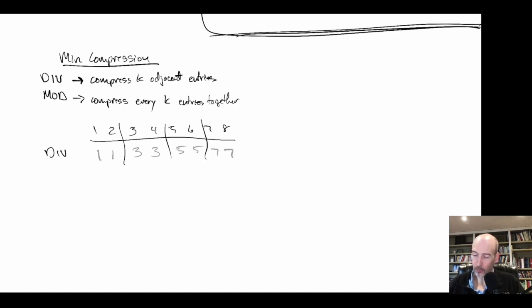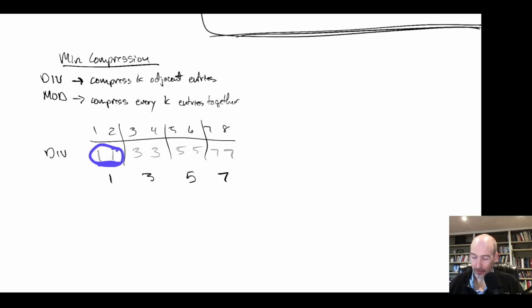And now what we see once we've done that process is that if I'm trying to look up a value inside here, if I look at any particular index, I actually should have numbered it starting with 0, but basically I can take the index and add 1 and divide it by 2, or subtract 1 and divide it by 2, and that's going to give me the entry into a smaller array, which is just going to have 1, 3, 5, 7. So I don't really have to store both of these values. I can just store one of them because now they're identical. And that allows me to take an array of 8 items and store 1, 3, 5, 7.